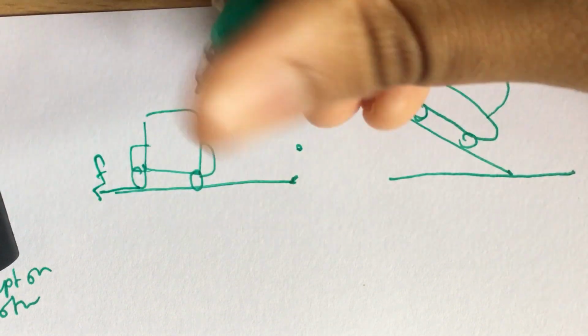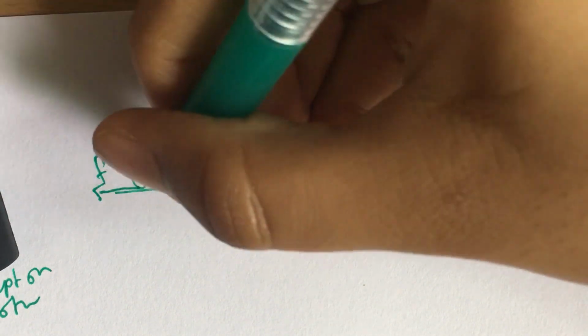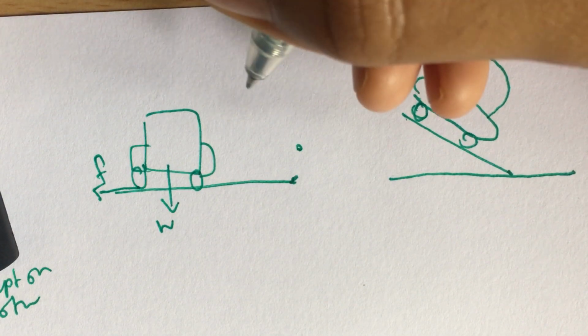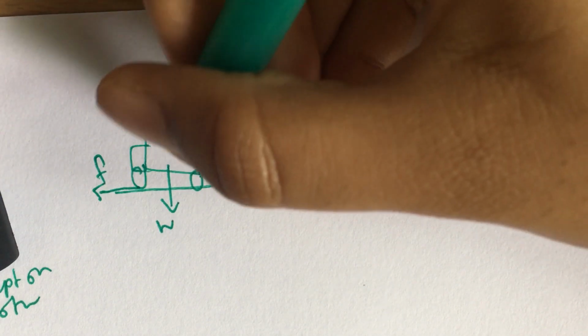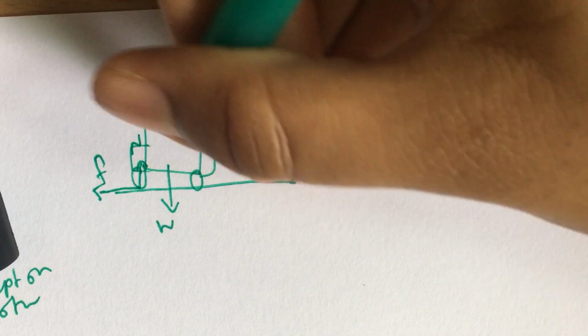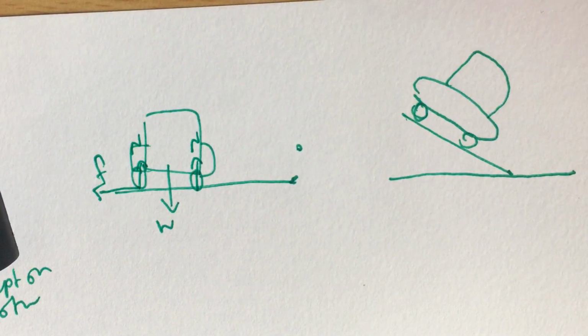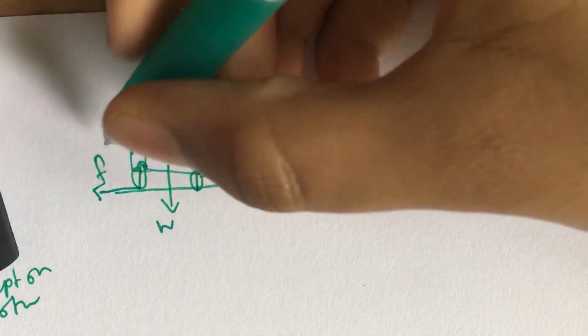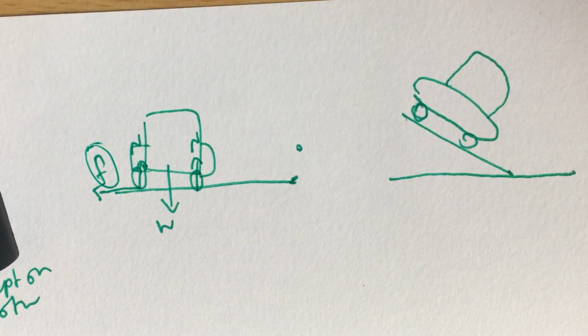So if you are going completely on a flat surface in a circular motion, the friction is what is keeping the car from moving away from its path. It prevents it from going off the curve.